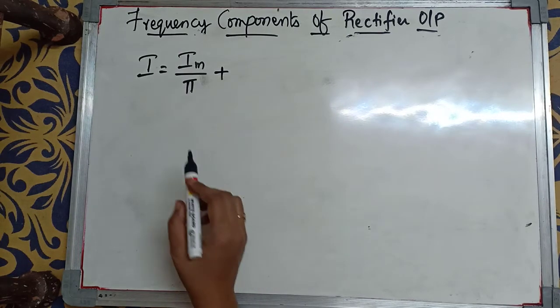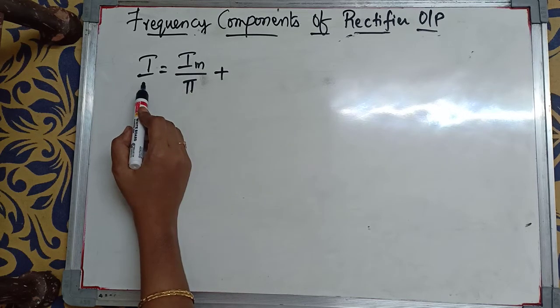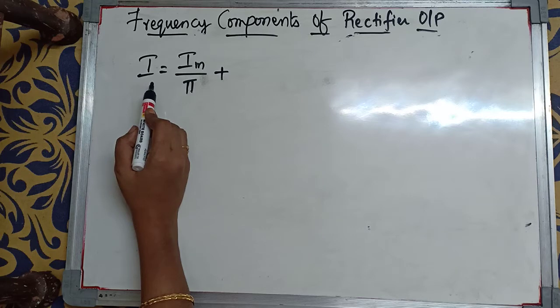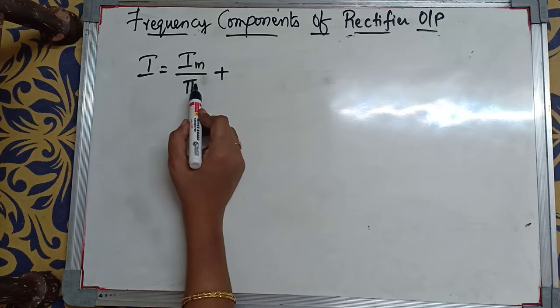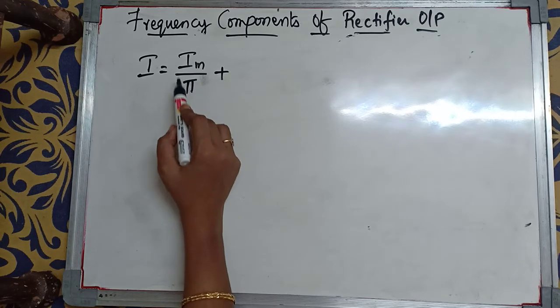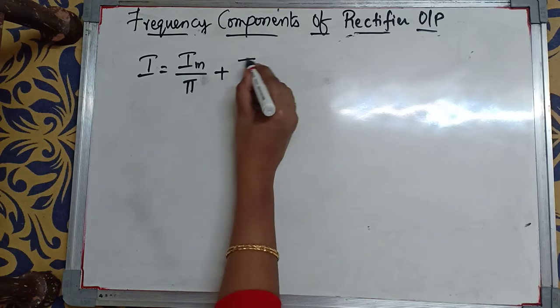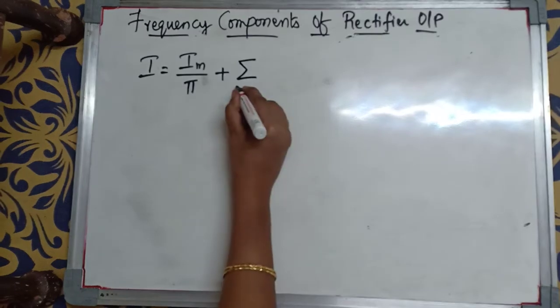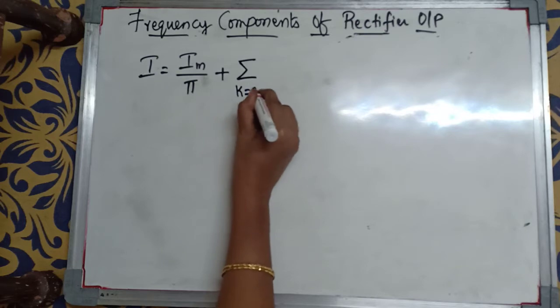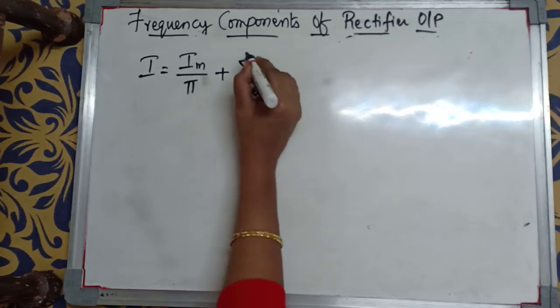Let us now write all the values together. So we'll get our equation in place of f of theta. I am writing I here because we are deriving the frequency components of the output current. So I can write I is equal to, our first value is a0. Our a0 value is Im by pi. So therefore a0 plus ak. We got the ak value only when k is equal to even, so I can write when k is equal to any even number from 0 to infinity.